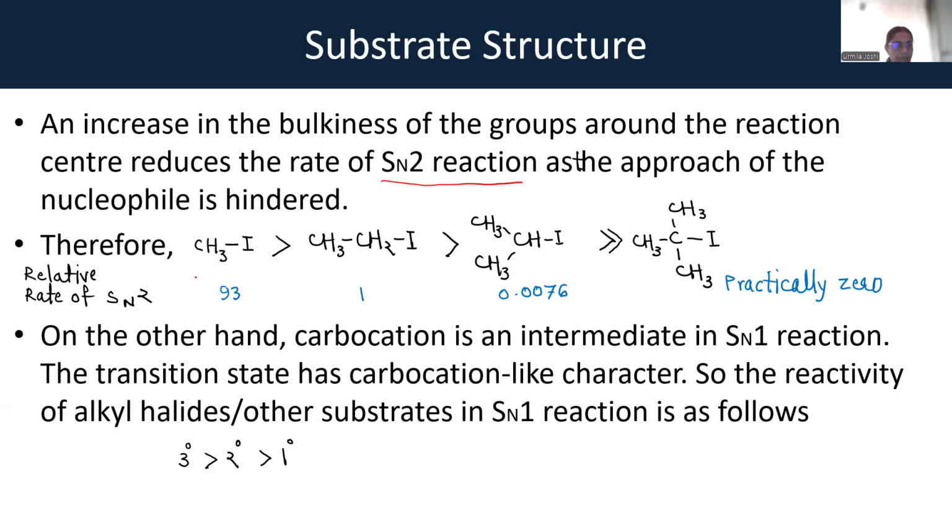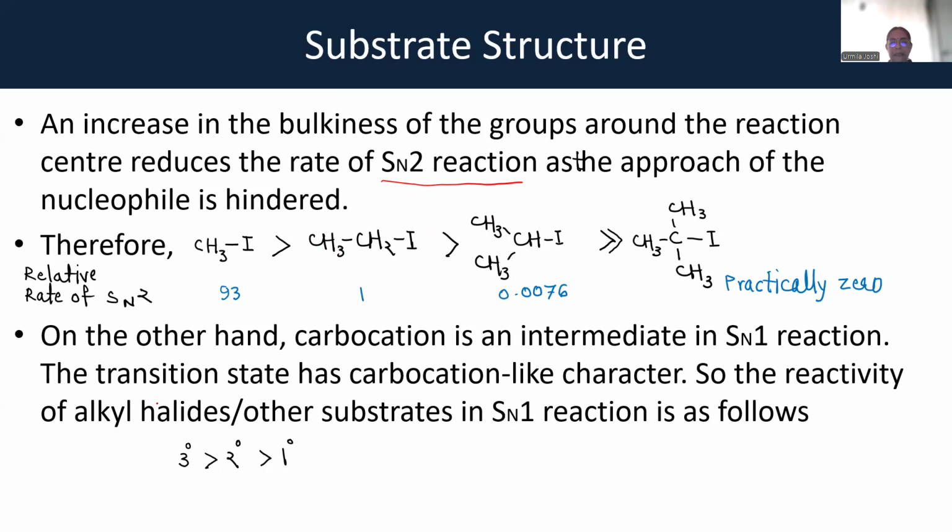Therefore, as the bulkiness of the group increases, the rate of SN2 reaction decreases. Look at this. Methyl iodide exclusively undergoes SN2 reaction. Ethyl iodide, just see the rate is decreased. Isopropyl iodide further decreased. And for tertiary butyl iodide, it is practically zero.